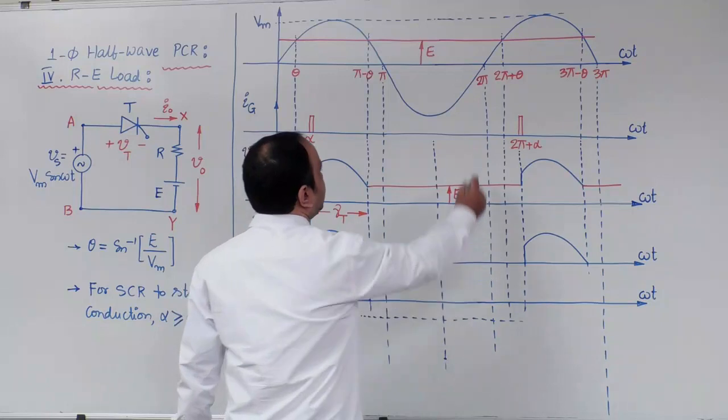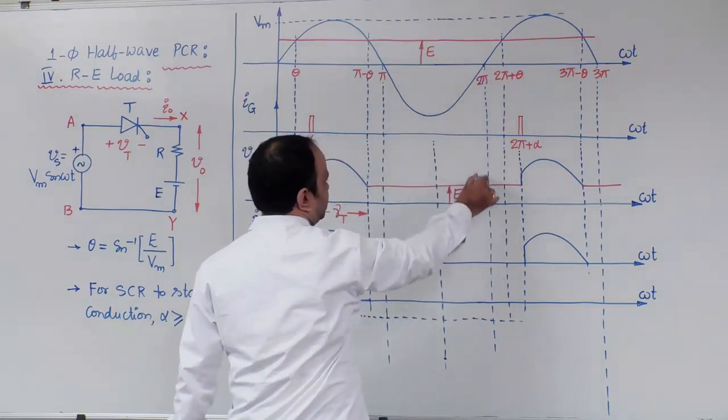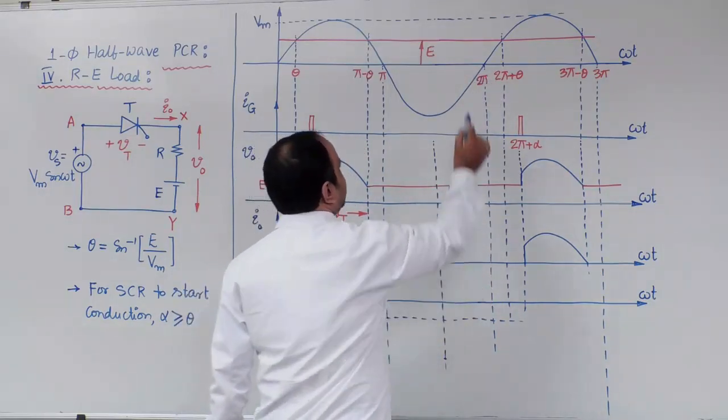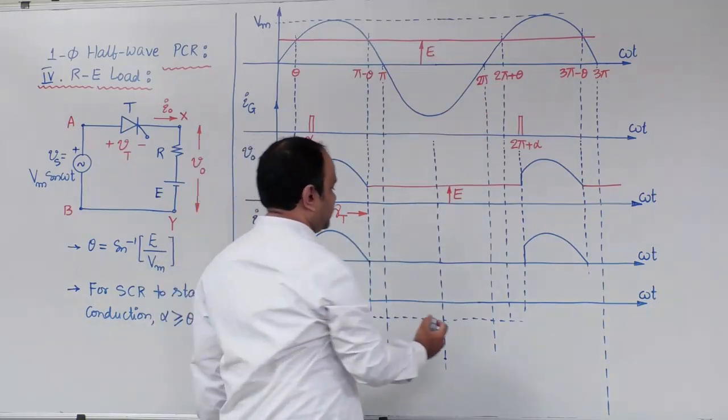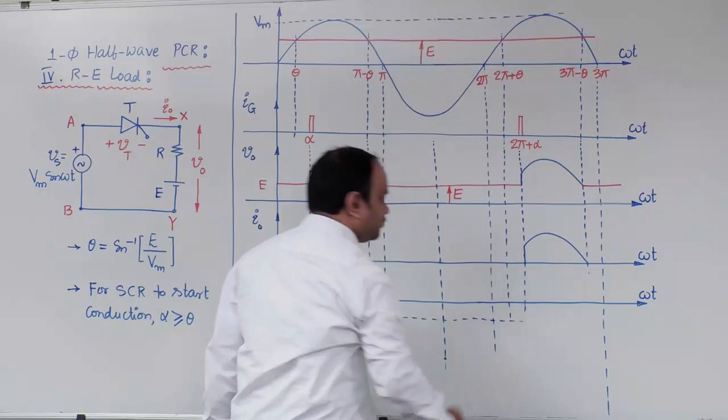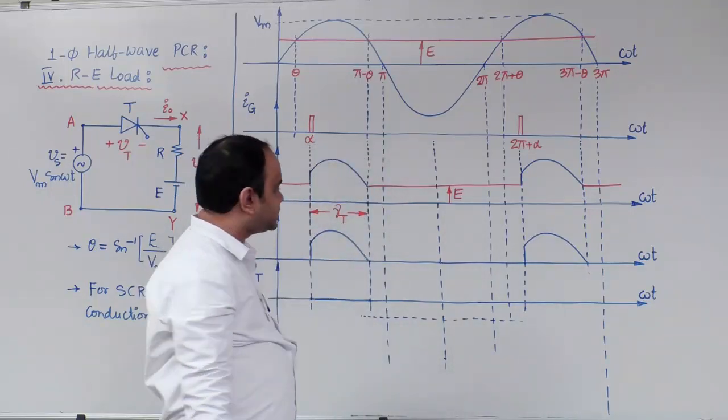Next, at 2 pi, the sinusoidal value is 0, so 0 minus E, that value is minus E.